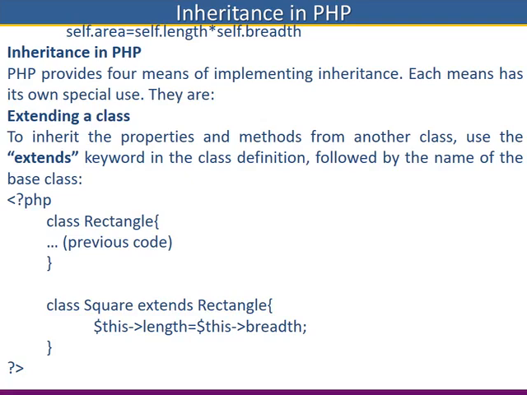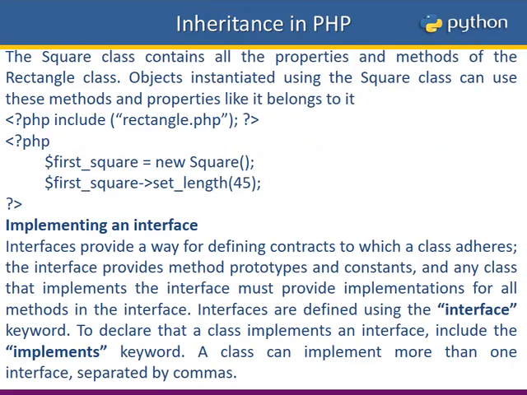So we use class square as the new class, extend rectangle, which is another class. And we have the dollar sign this pointing to. In the example, the square class contains all the properties and methods of the rectangle class. So an object instantiated using the square class can use these methods and properties as if they belong to it.